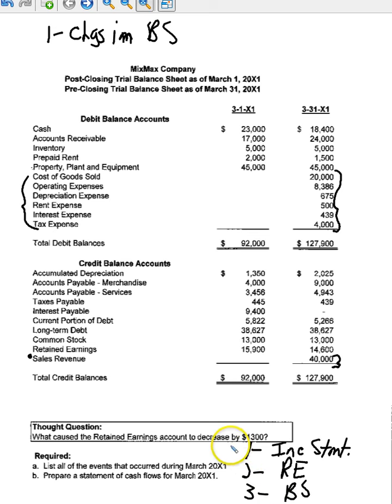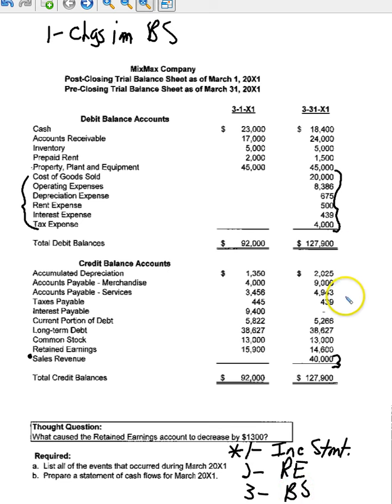So let's focus on step number one. I'll let you do steps 2 and 3 on your own, just the retained earnings statement and the balance sheet. And once you've got that ending balance sheet, then you can do, okay, here's going to be your beginning balance sheet. And once you get number 3, that'll be your ending balance sheet.